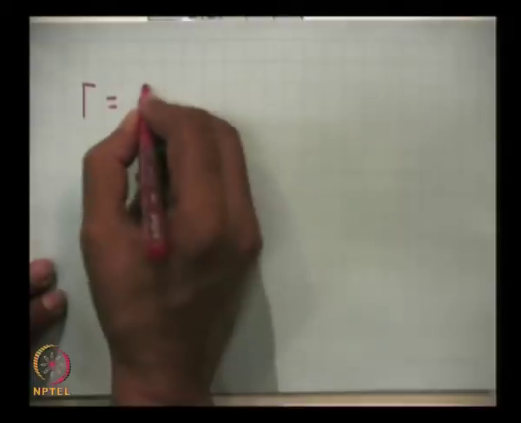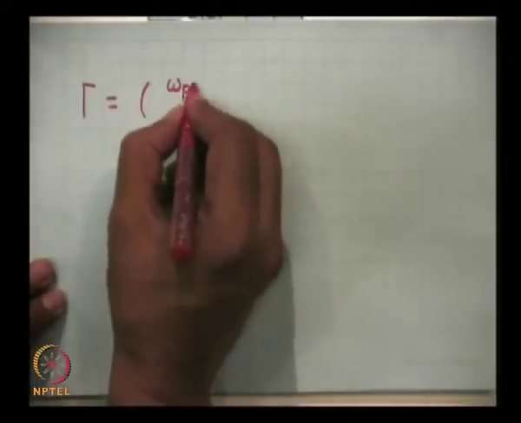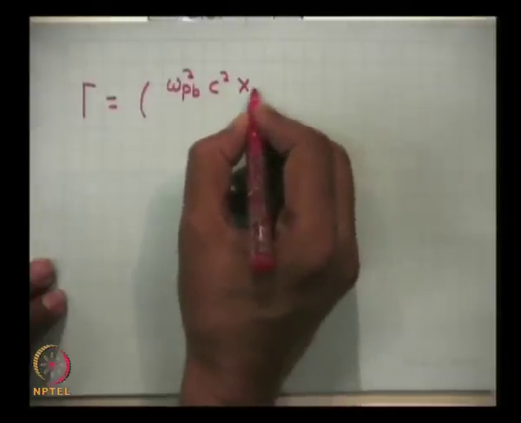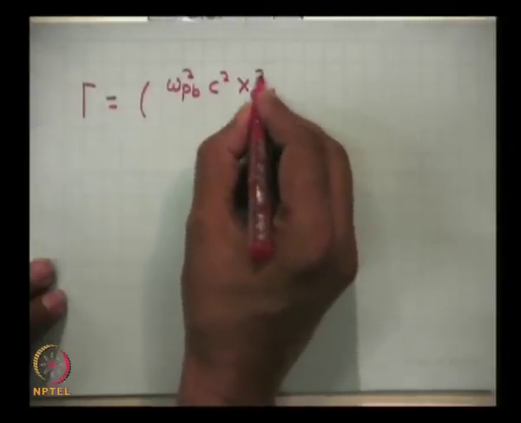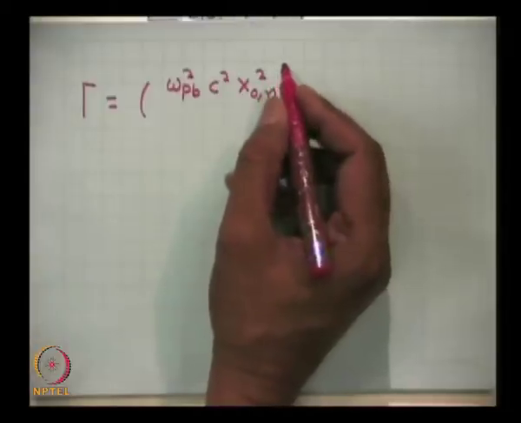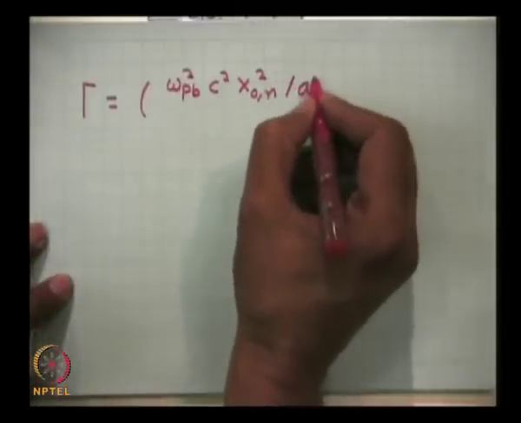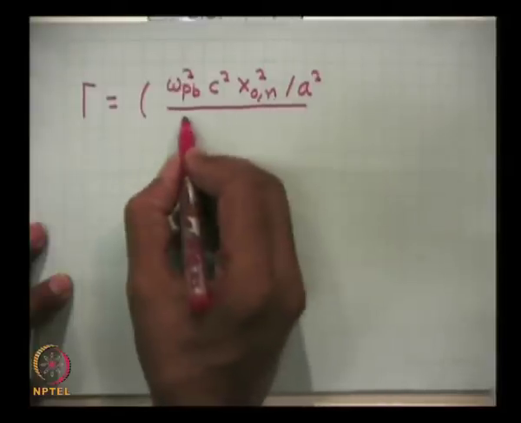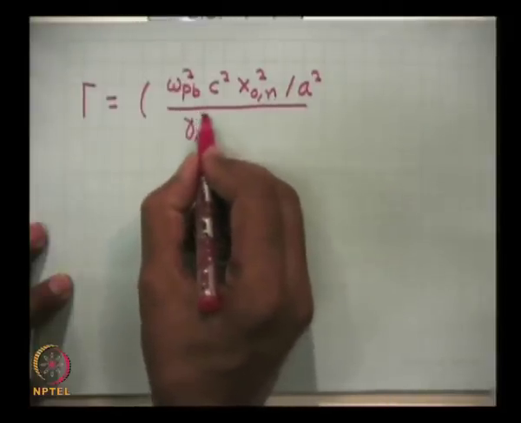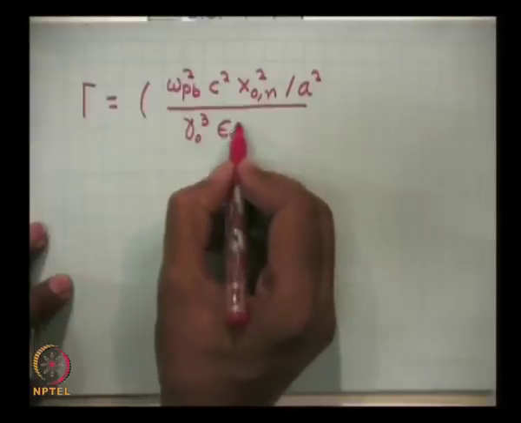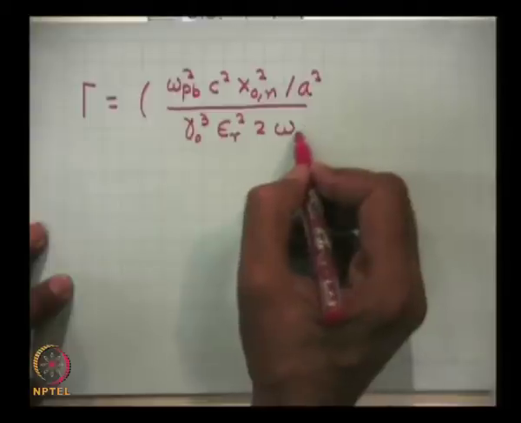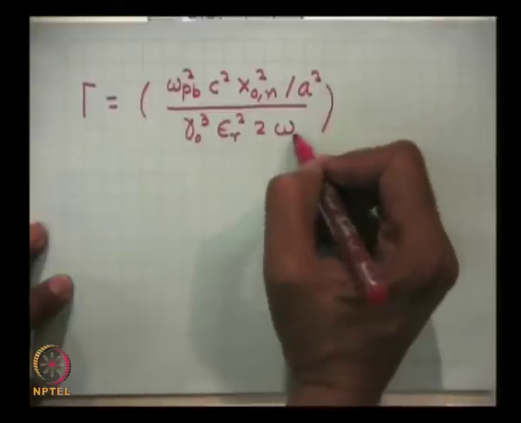The growth rate turns out to be omega_pb square, c square x_0n square upon a square, where a is the waveguide radius, upon gamma_0 cube epsilon_r square into 2 omega_r, or omega, same thing.